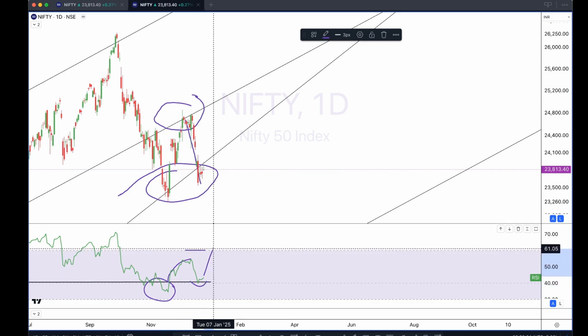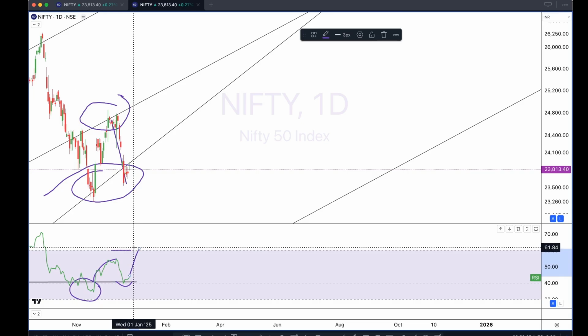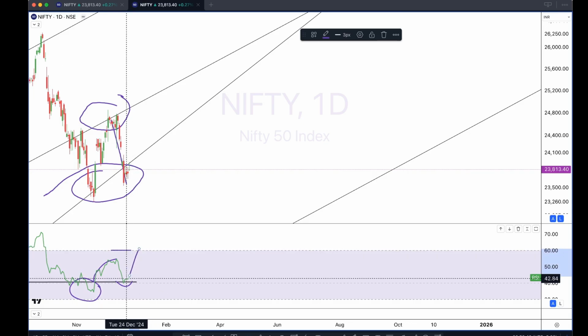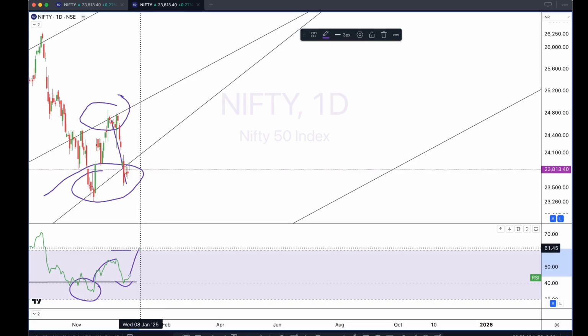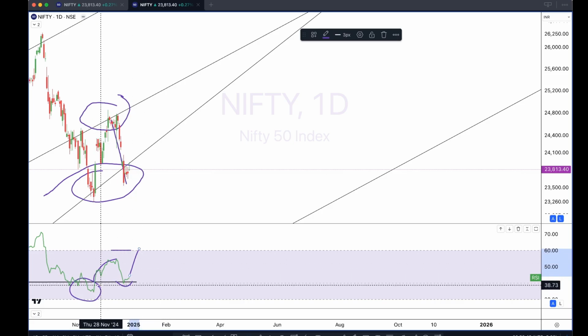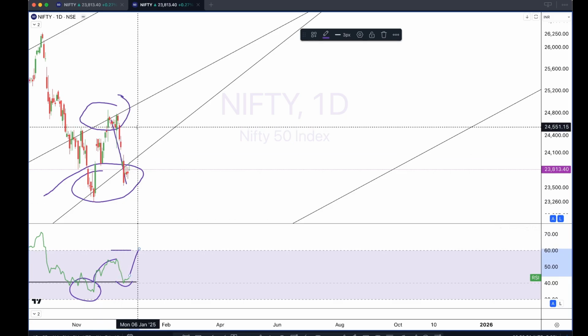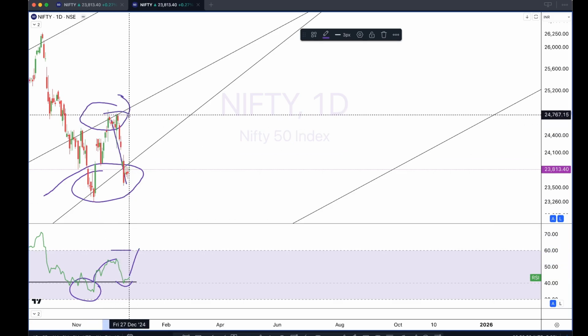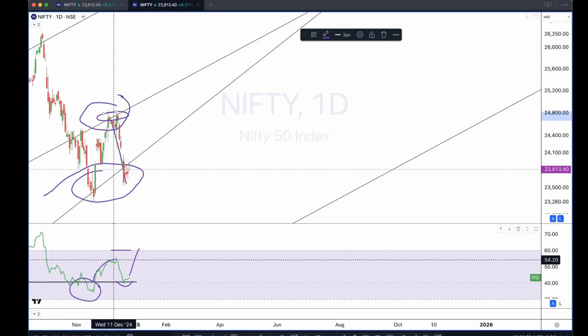So I personally expect, based on the daily time frame's analysis, that since the weekly time frame is also still very, very bullish, but we have a small dent in the positive range on the daily time frame's RSI, there might be another rally which I would expect would breach this high.